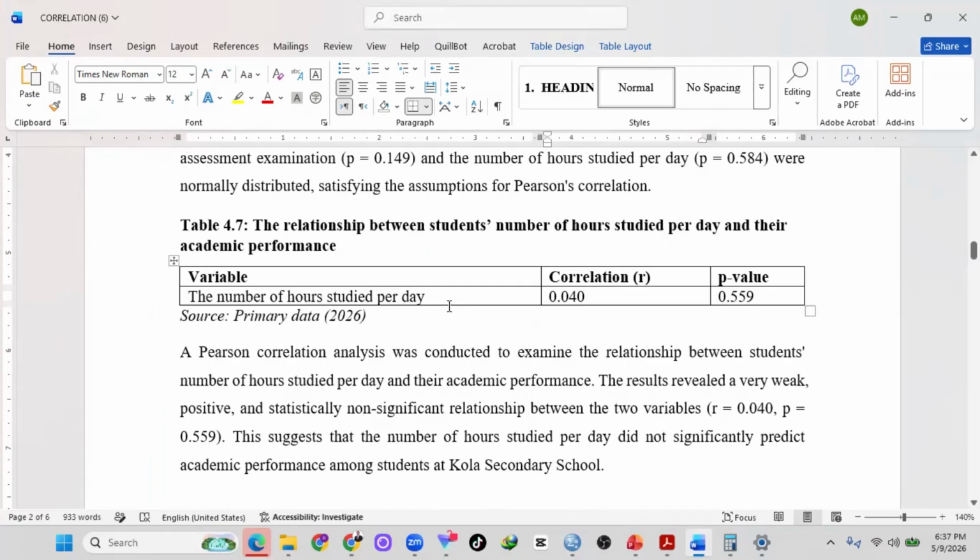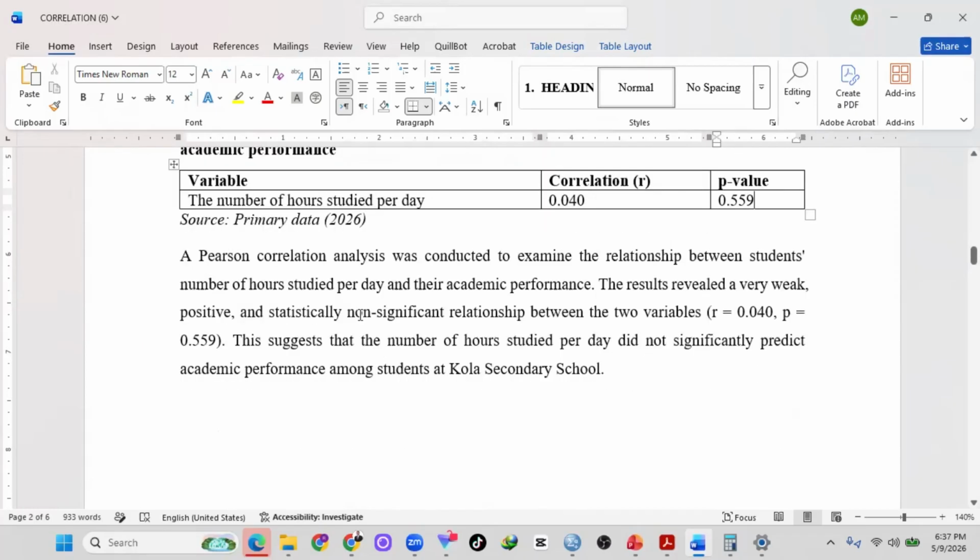Only that I have reformatted it, put the variable here, and just say the number of hours studied per day correlates with academic performance to a magnitude of 0.04 with a p-value of 0.5. So in the description, I am just going to describe this. I could say something like, a Pearson's correlation analysis was conducted to determine the relationship between students' number of hours studied per day and academic performance.